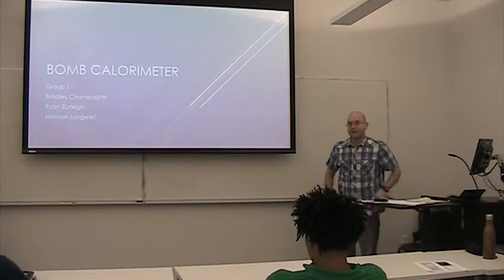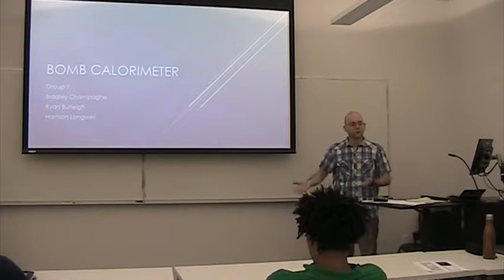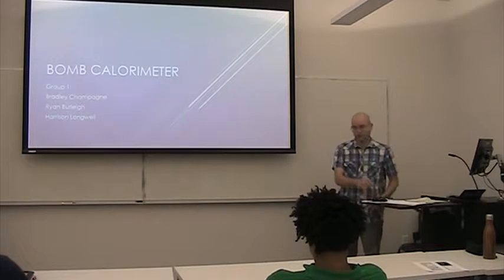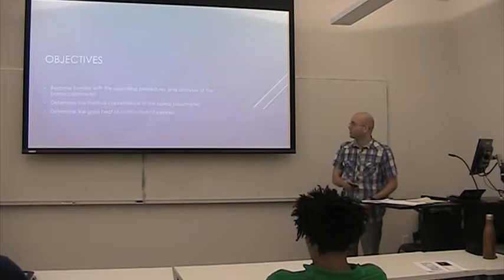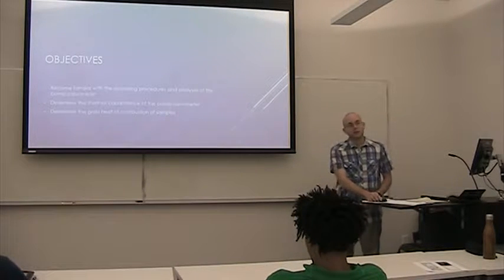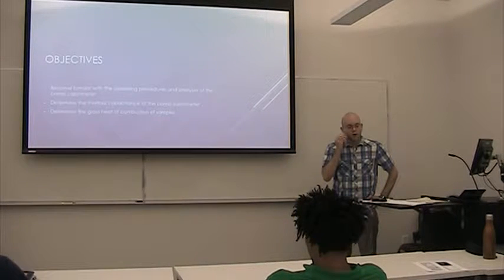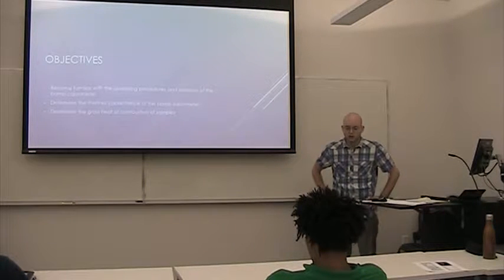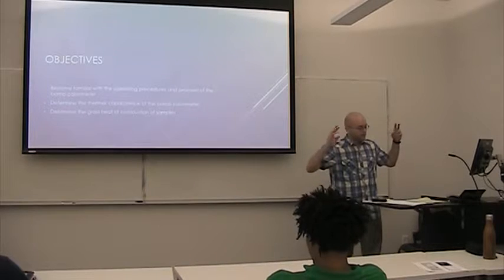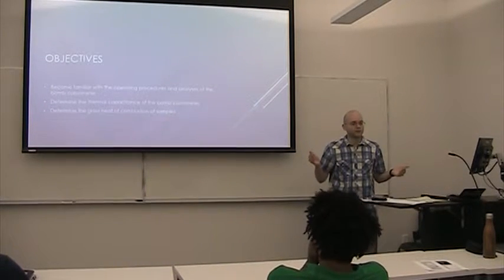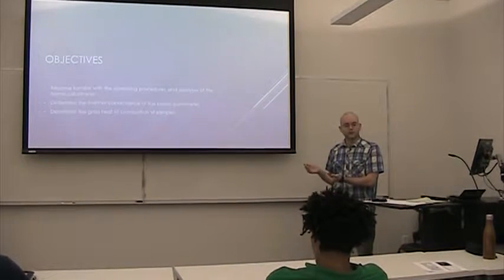Now, some people may ask, what is the point of this? Why do we do bomb calorimetry? The purpose from an engineering standpoint is to know how much heat is released, to look at endpoints from a thermodynamic standpoint.